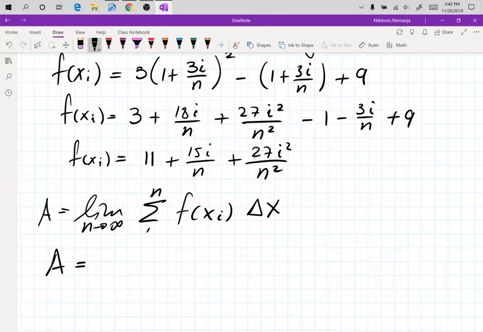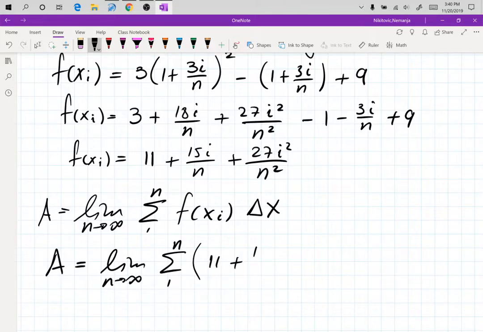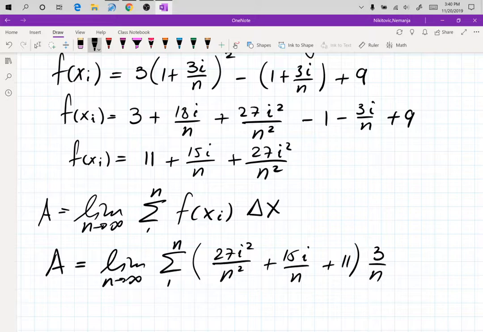So area equals the limit as n goes to infinity of the summation from 1 to n, and now in parentheses I have my polynomial. Well, we can put it in descending order: 27i squared over n squared plus 15i over n plus 11, times 3 over n, which is the delta x.